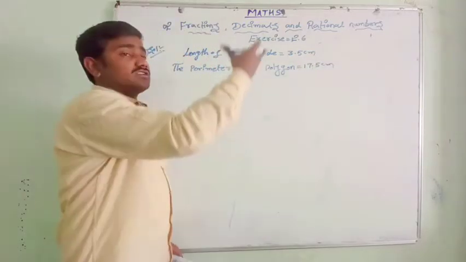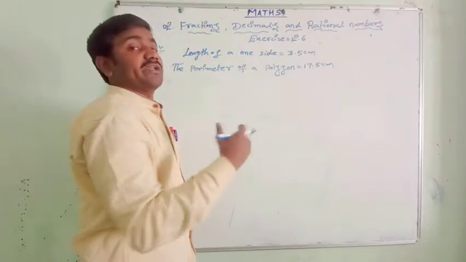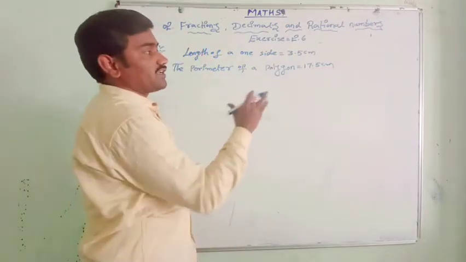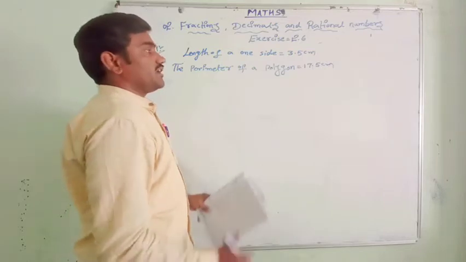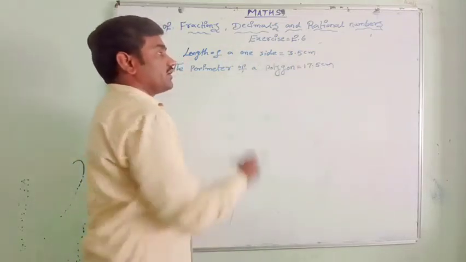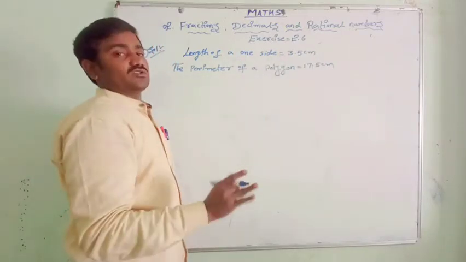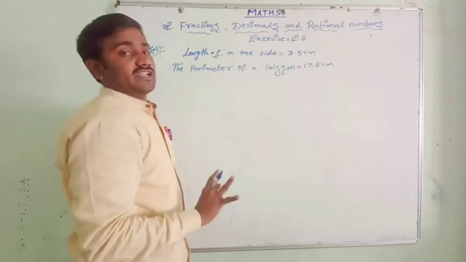The perimeter means the sum of all the sides. The sum of all the sides is the perimeter of the polygon. That is 17.5 centimeter. He added all the sides of the polygon and got 17.5. In that, one side is 3.5 centimeter. As he said, it is a regular polygon, so all the sides are equal in length.